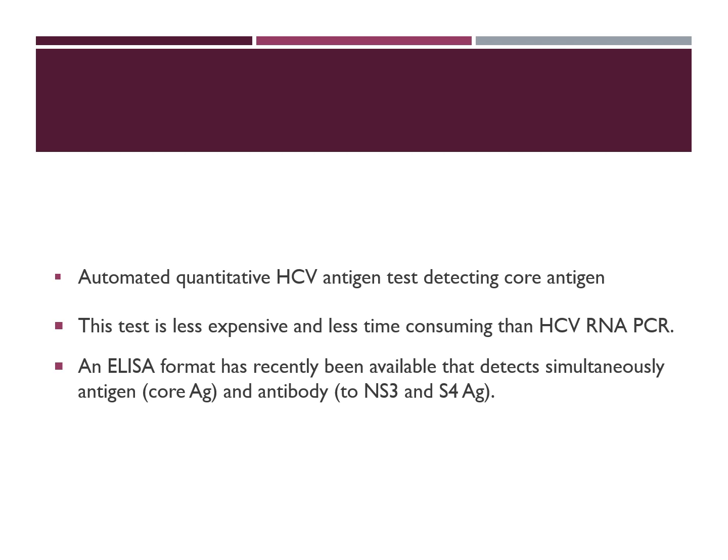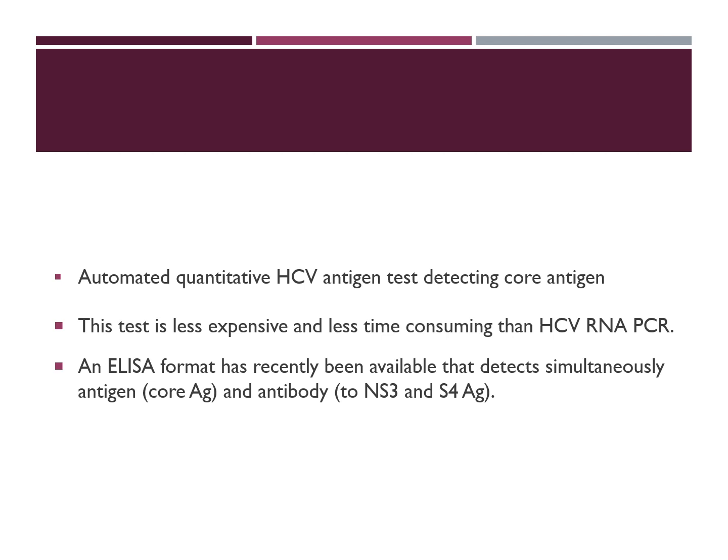Automated machines are coming, and this test is less expensive and less time consuming as compared to PCR. As we know, PCR is a costly method, and although it is the gold standard, it is not possible for every patient to bear that burden. So that is why other options are being found, and we can go for the automated quantitative HCV antigen test.